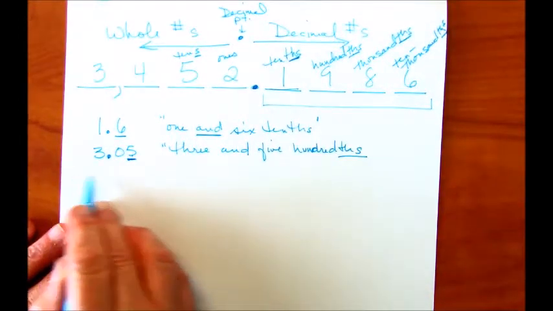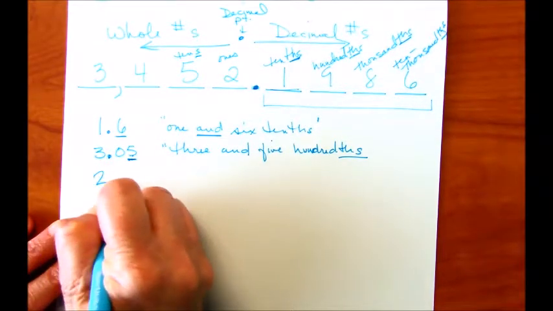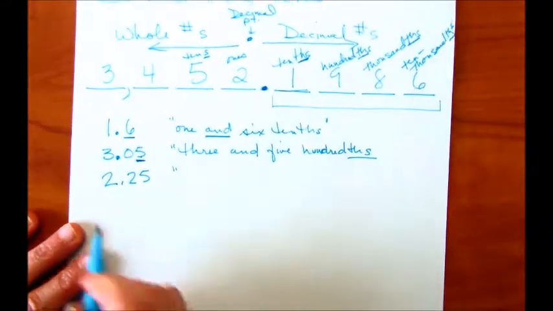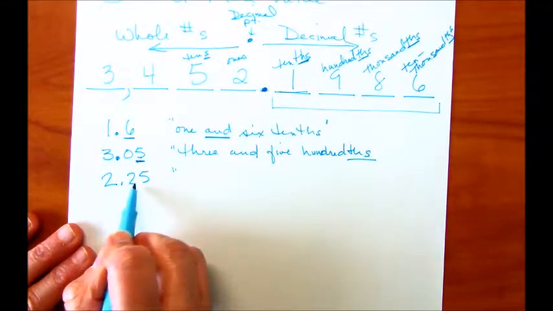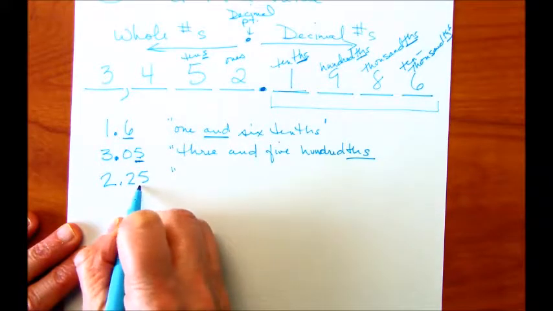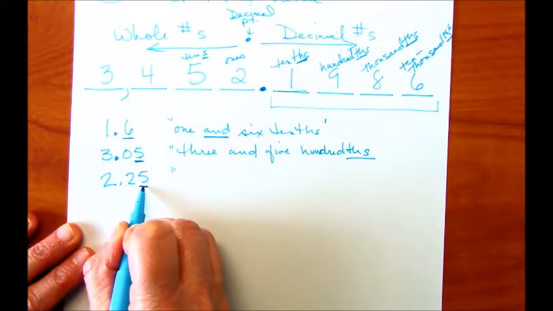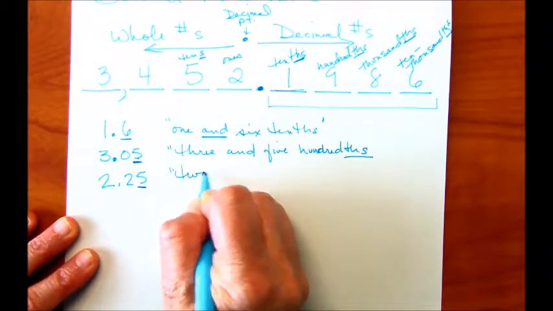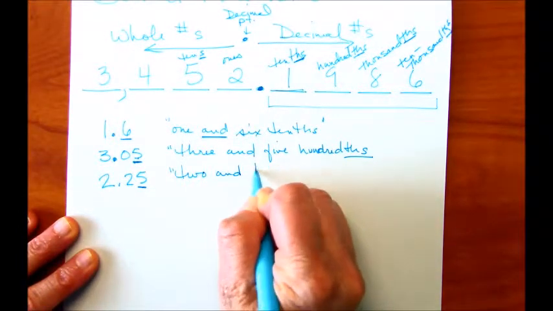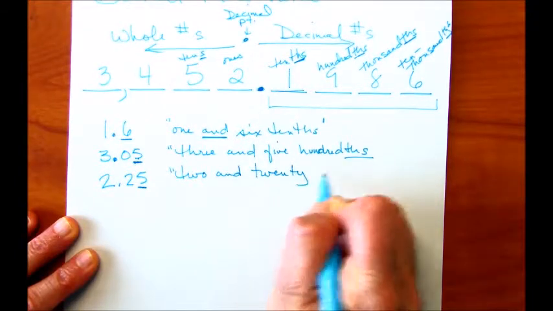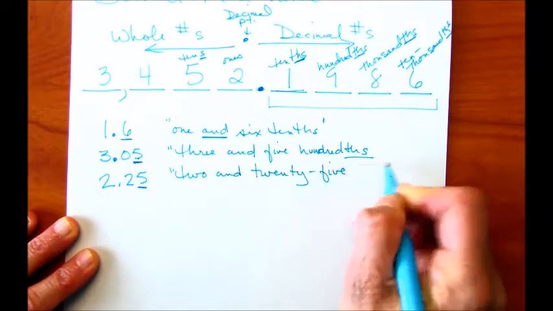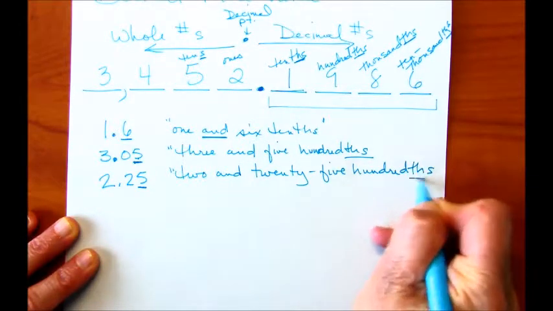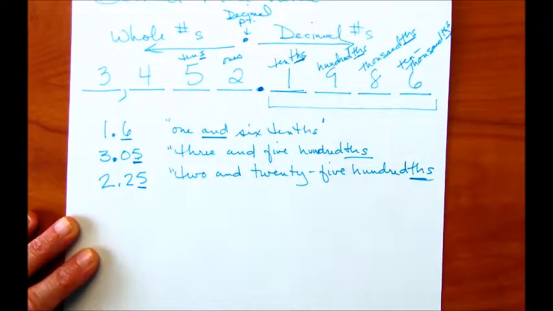Let's say we have 2.25, but that's not how we say it. We say it 2 and 25 hundredths. Again, the last digit is in the hundredths place, so that's the place value that we express. So 2 and 25 hundredths. Again, THS.